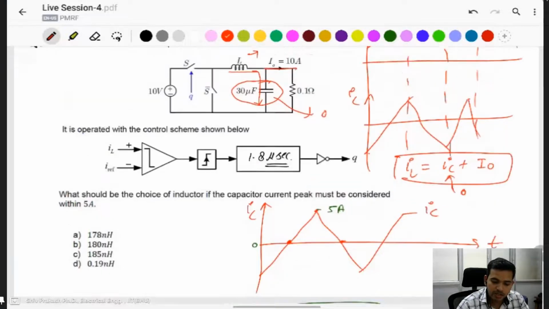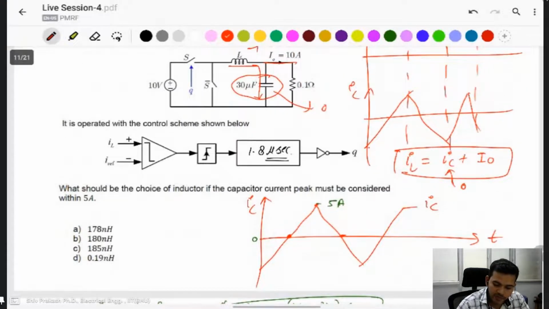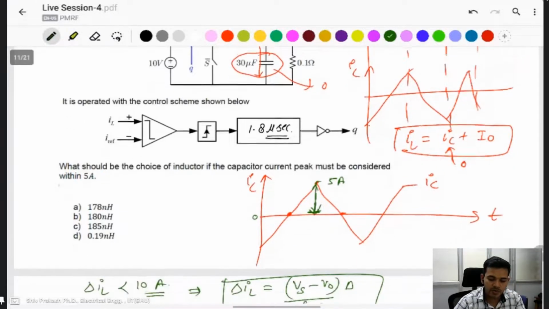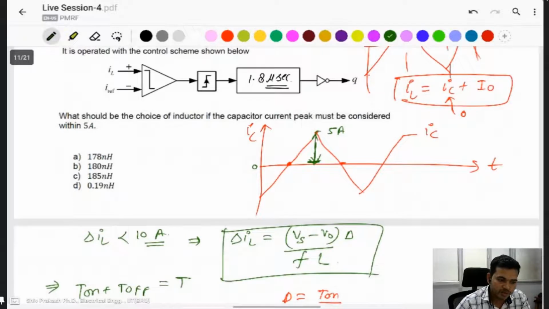capacitor and inductor. Given the capacitor current peak is 0 to 5 ampere, this is given in the question. The total ripple is the same as the inductor total ripple current, which is 10 ampere.